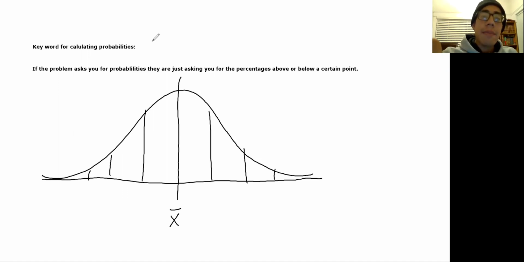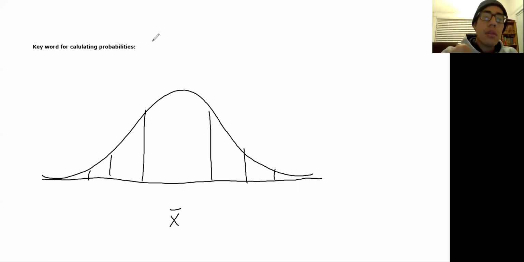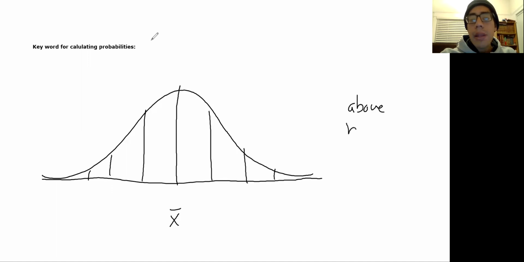Let's say that they're gonna use the words above and below. These are keywords you need to watch out for, because if they're not using the words within or between, they're gonna use the word above or below a certain point. Let's say I have the example from earlier.